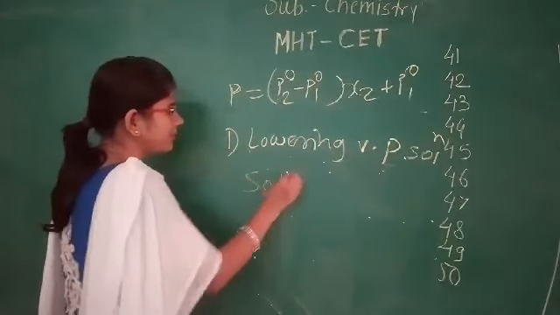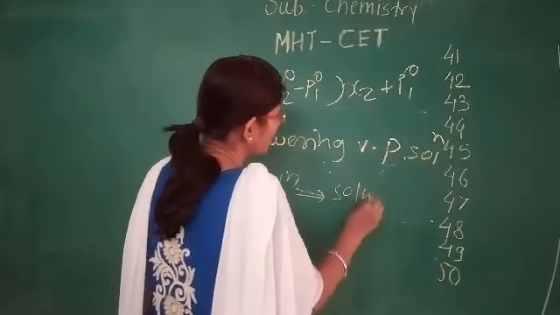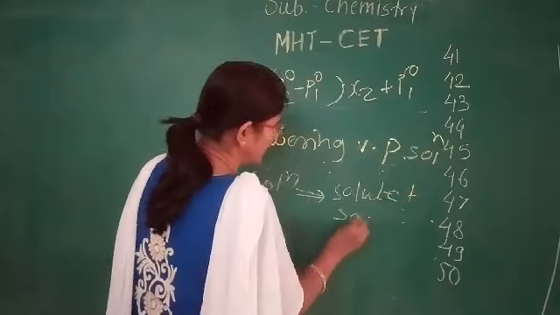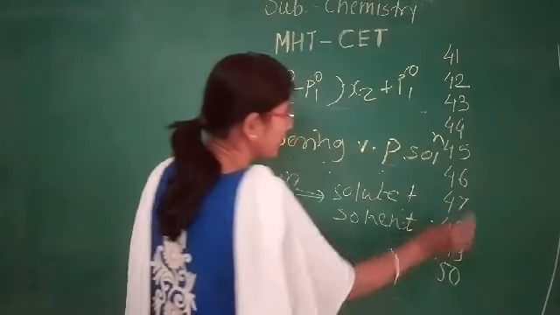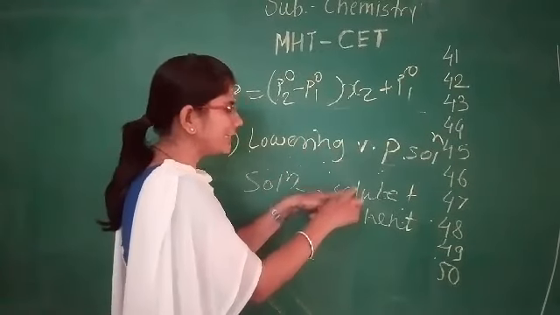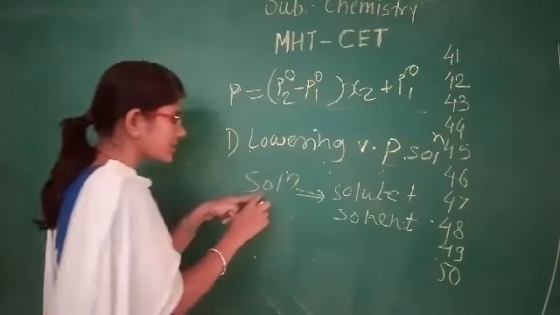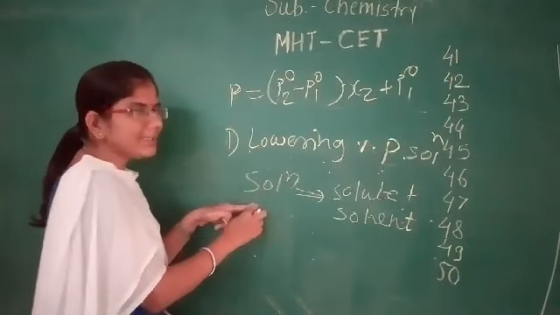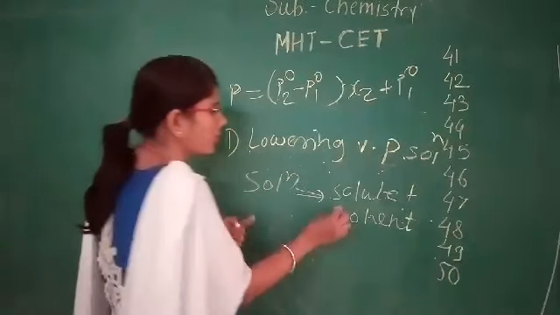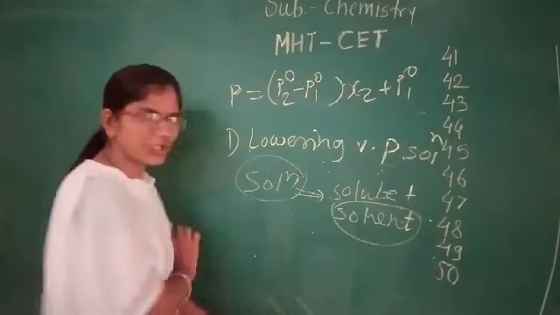We have seen many times in revision that a solution is equal to solute plus solvent. When a non-volatile, non-electrolyte solute is dissolved in a solvent, it forms a solution. And here we compare the colligative properties of a solvent with a solution.